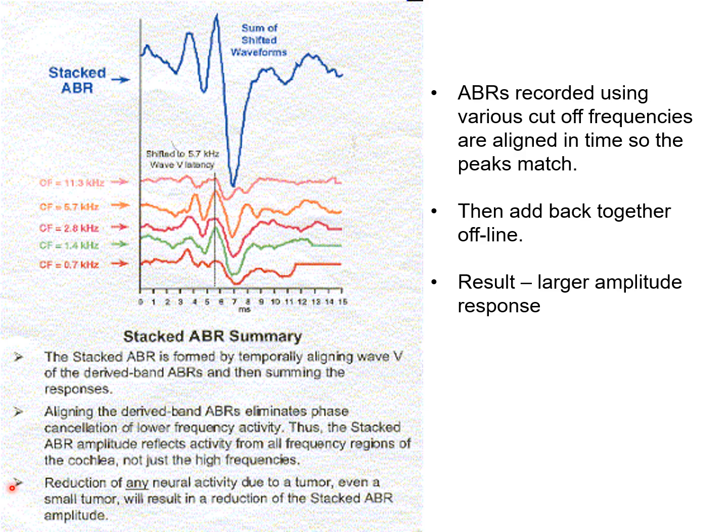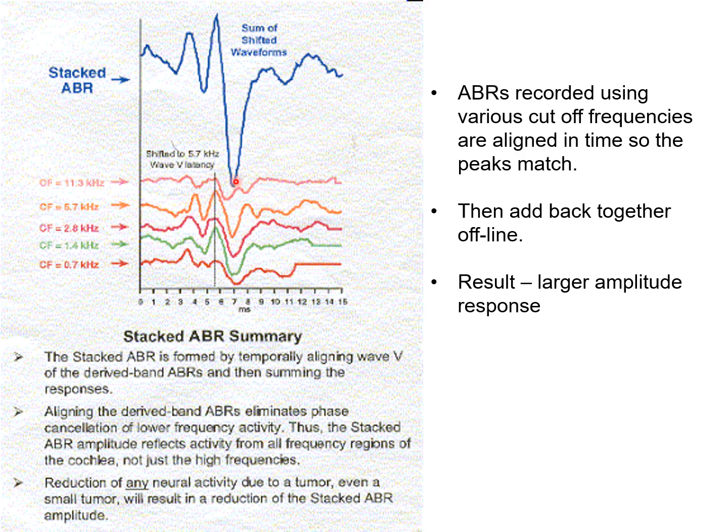So as a result, reduction of any neural activity due to a tumor, say a vestibular schwannoma, even a small tumor, will result in a reduction of the stacked ABR amplitude. So in other words, when there's a tumor, even just a small tumor, as long as it affects some ABR activities, it will reduce the stacked ABR amplitude quite apparently, because now we have a very big amplitude.